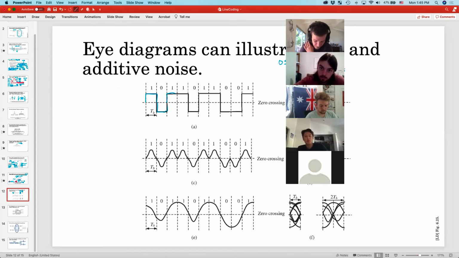So I guess follow my pen. I'm going to go through this sequence of bits in the double wide eye diagram. That's not actually what it's called, I just made that up. So a 1-bit would go high, and then the 0-bit would go low, and then I would wrap around.